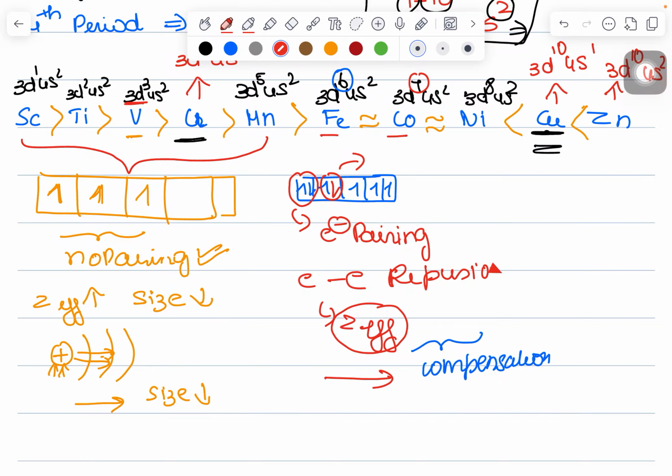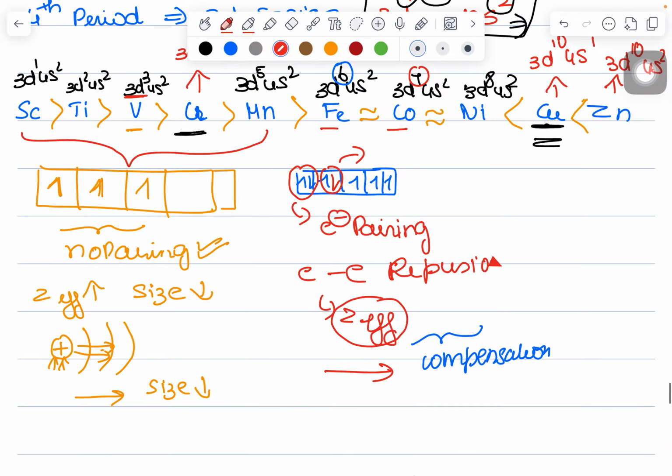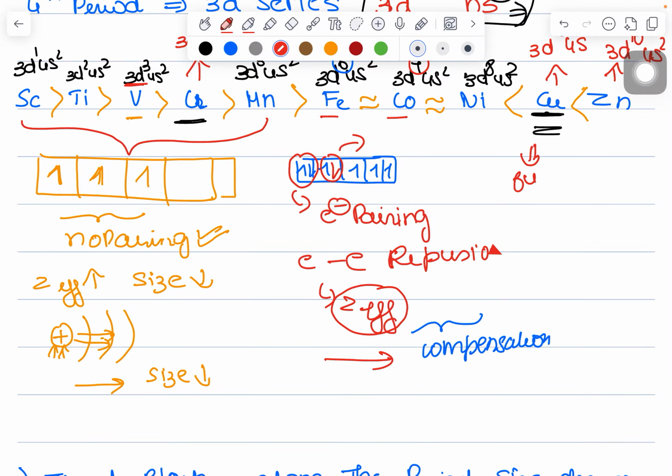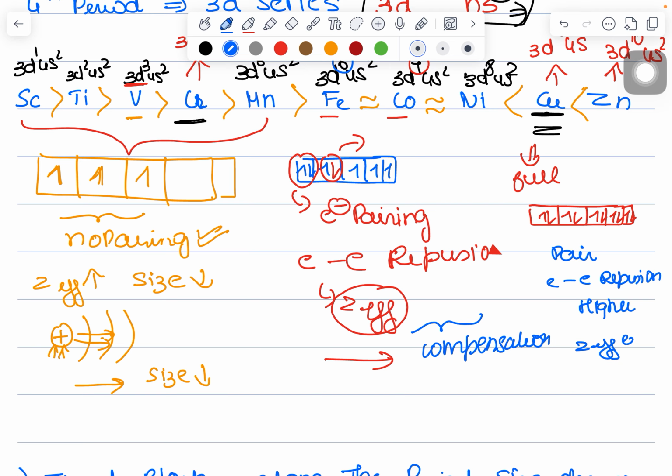Whereas in copper and zinc, copper has a fully filled electronic configuration. In 3d10, all ten orbital positions are filled. Pairing is there and there is electron repulsion also. But this electron repulsion is so high that Z effective is less dominating.